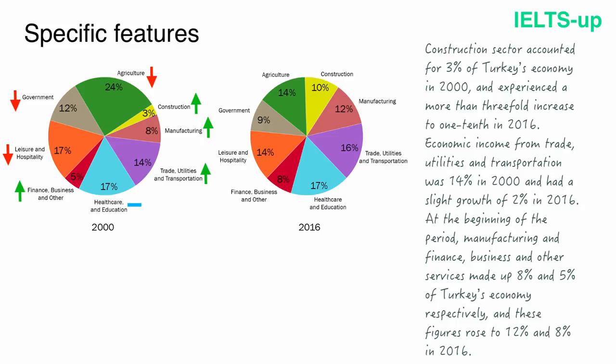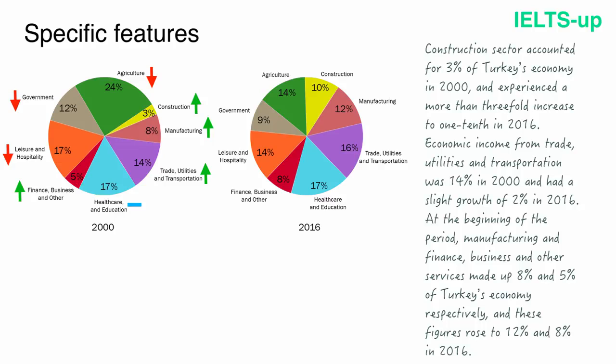Construction sector accounted for 3% of Turkey's economy in 2000 and experienced a more than threefold increase to 1/10 in 2016. Economic income from trade, utilities and transportation was 14% in 2000 and had a slight growth of 2% in 2016.